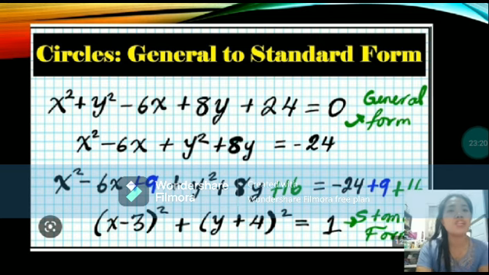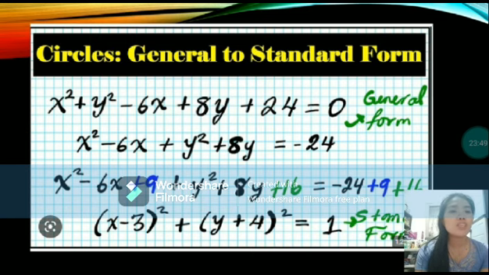Okay, let's proceed. Let's have another example. General to standard form. Now, how about if it's the other way around? We are given the general form and then we are asked to come up with a standard form. How are we going to do it? So, if we have here x squared plus y squared minus 6x plus 8y plus 24 is equal to 0, that is the general form of a circle.